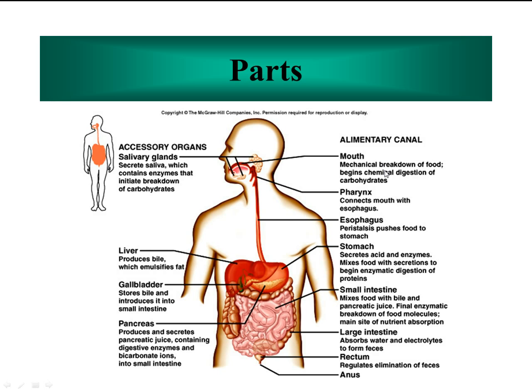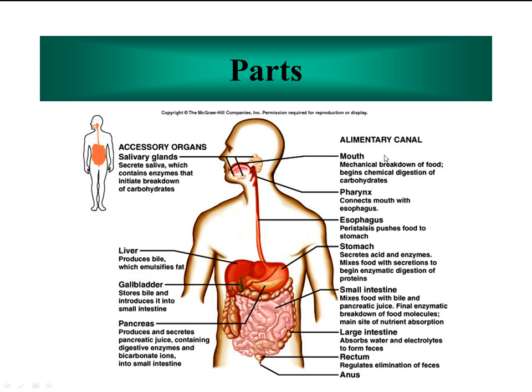The mouth is responsible for the tearing down and breaking of the food into smaller particles, and we're going to look at these different parts as we go along here. But the accessory organs along the mouth area, the alimentary canal is the esophagus down to the stomach and through the intestines, and we're going to break this down even further.